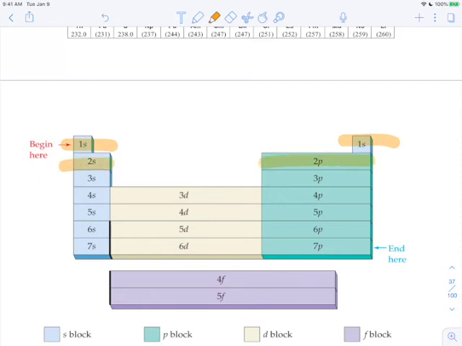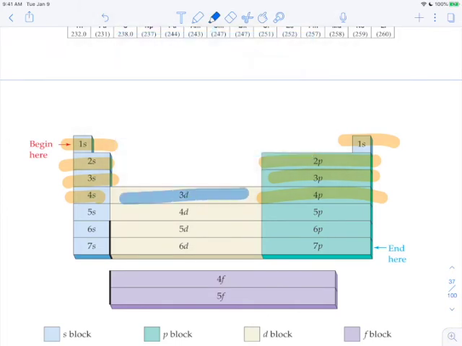Here's 2S and 2P, 3S and 3P, and then once the D's get involved, the 4s are only for the S and P, and the D's always drop down 1.